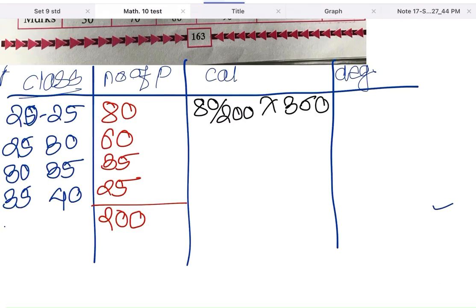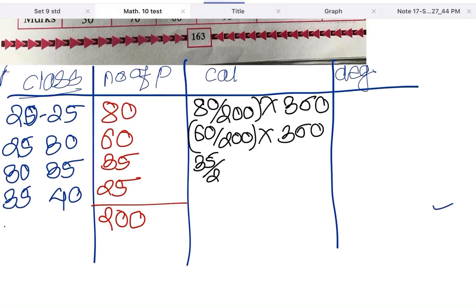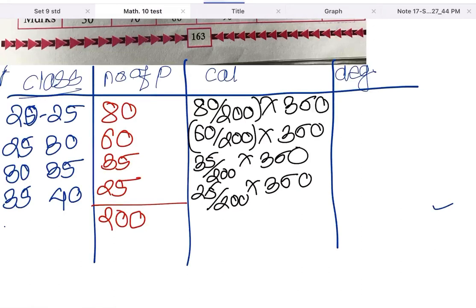Next one, 60 upon 200 multiplied by 360. Put this in a bracket, otherwise there will be confusion. Next one, 35 divided by 200 multiplied by 360. Next one, 25 divided by 200 multiplied by 360.